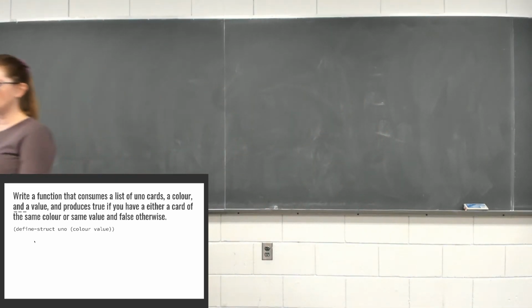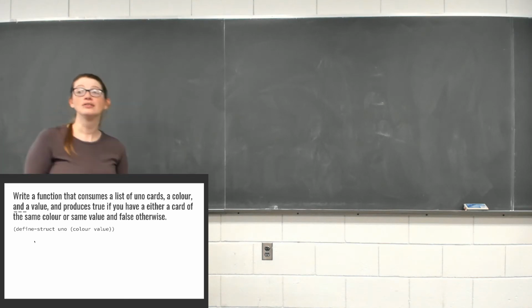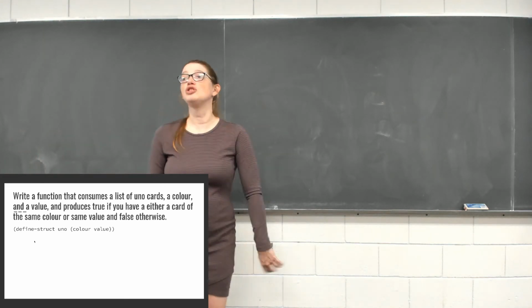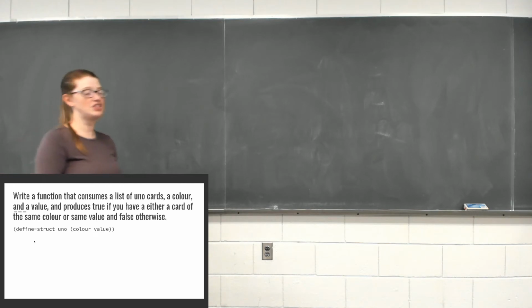Because I don't want to be doing this. Right now I can do make-uno and I can have a list be the color and a string be the value. There's no stopping me from doing this. So this is not something, by the way, that Racket gives you. They don't give you this checked function.